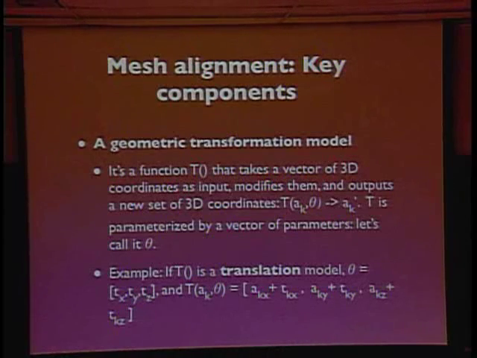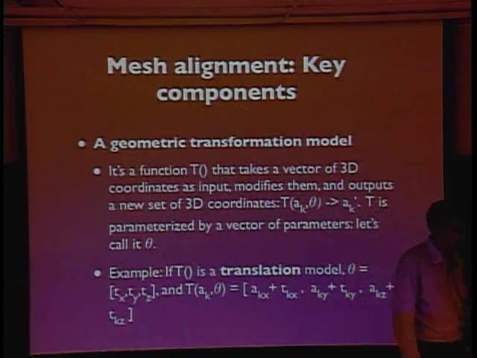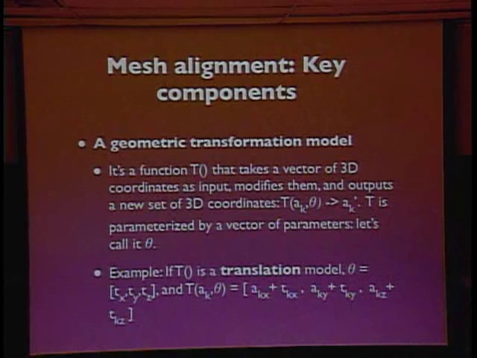Let's take one simple example where our geometric transformation model is simply a translation. A translation just means that you take one mesh and you slide it in the x, y, and z directions to some degree. In that case, our vector of parameters theta is going to have 3 entries in it, which tell you how much to translate in the x, y, and z directions.